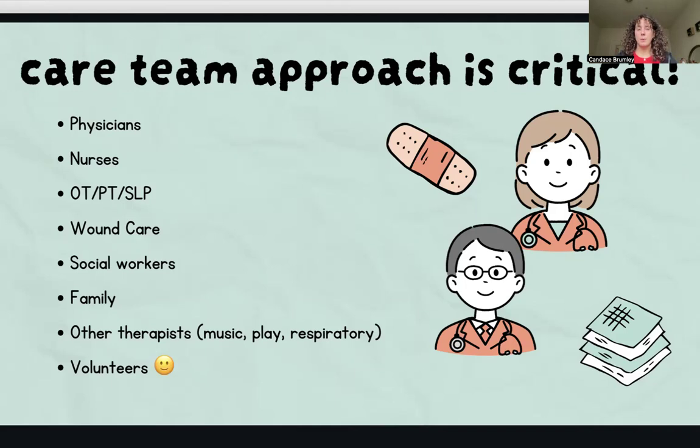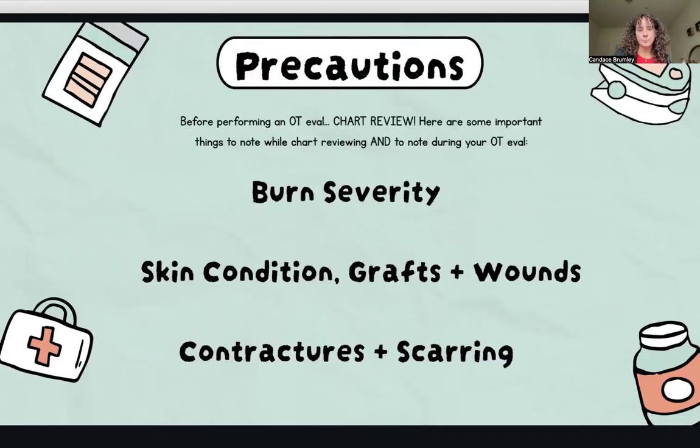Other therapists that come in and treat the patients are also part of the care team, like music therapists, play therapists, or respiratory therapists, as one's respiratory system can be significantly impaired due to a burn injury. And then, of course, volunteers always make a huge difference as well.